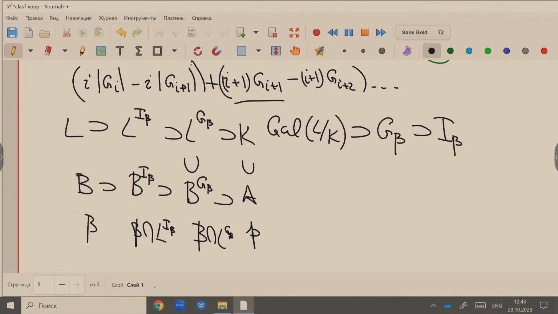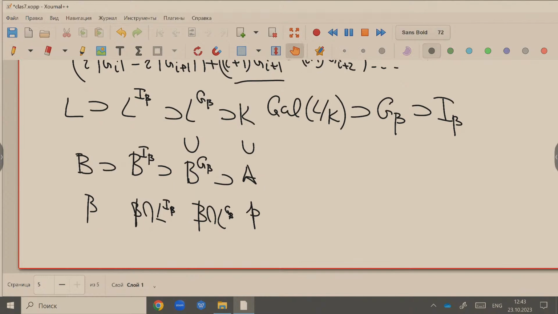So what about the types of these extensions? Notice that, for example, for G beta, what is the index?